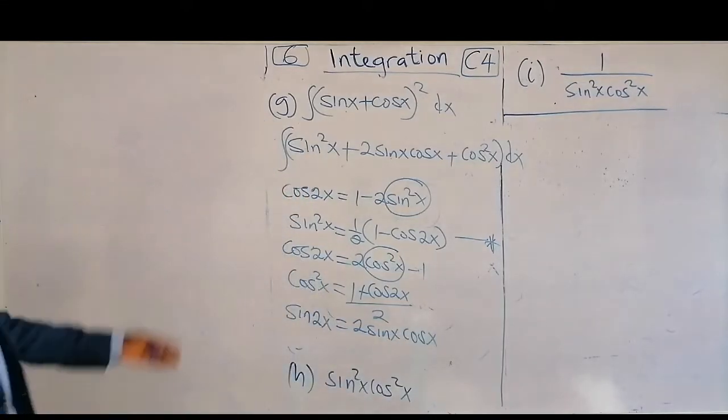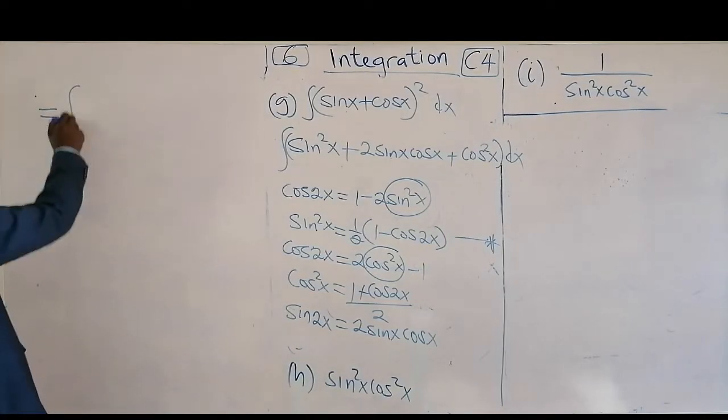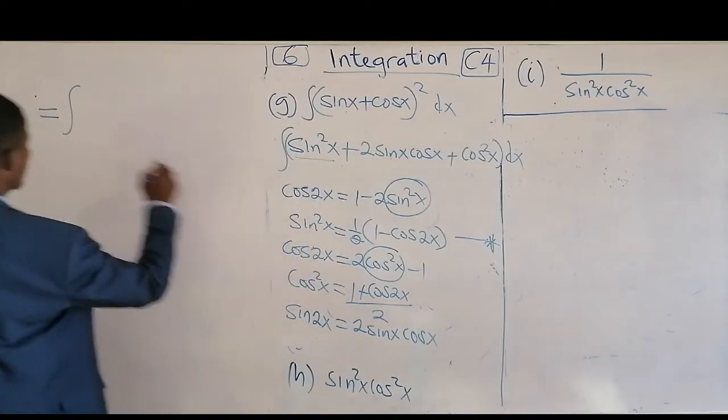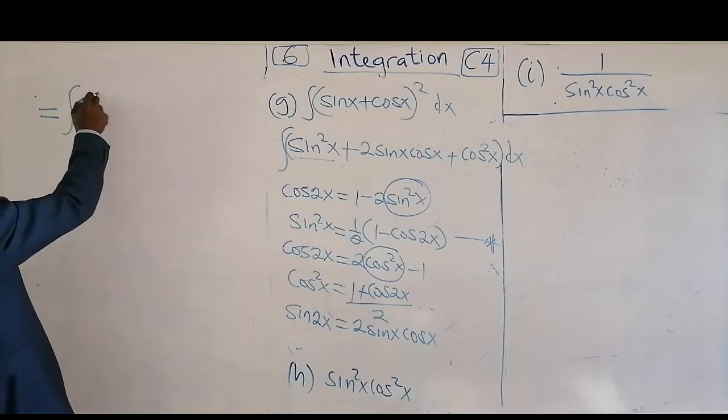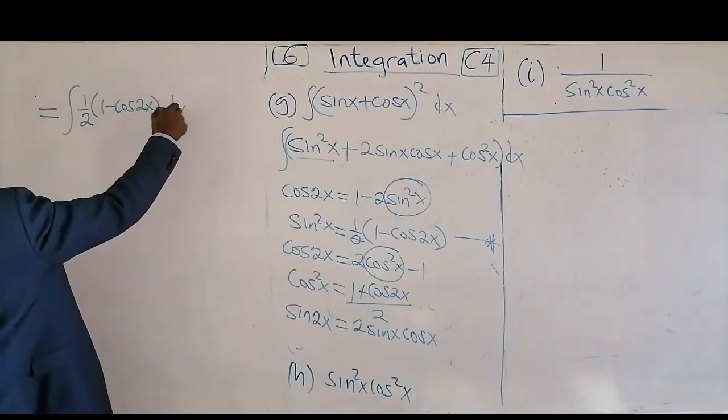So we have all the identities now. So let's apply that. Our integral will now become, for this one, we have the expression for that, which is half in the brackets 1 minus cos 2x dx.